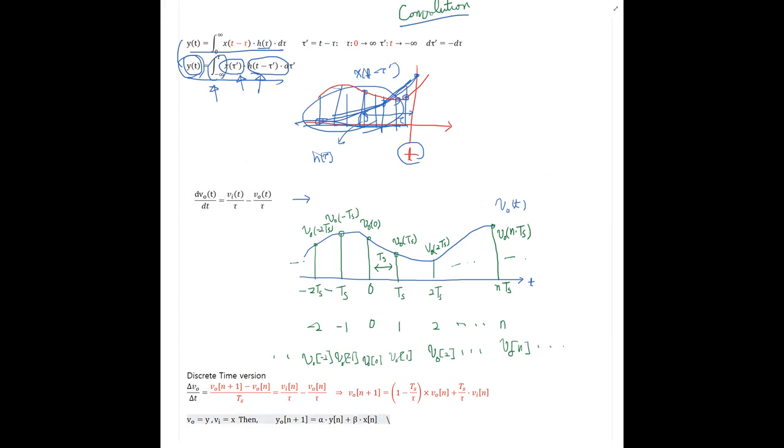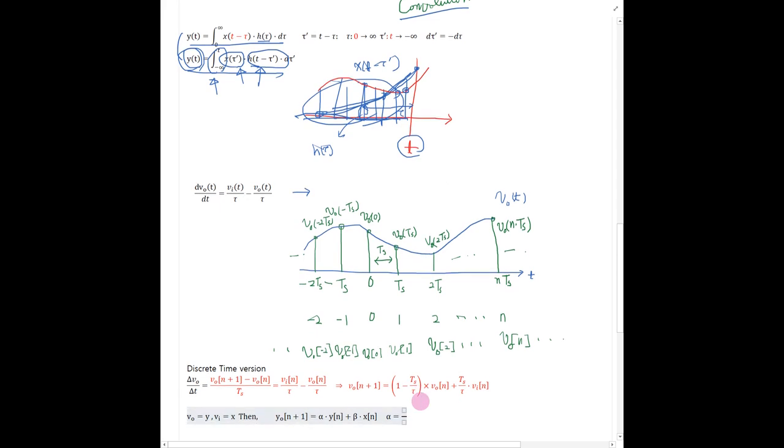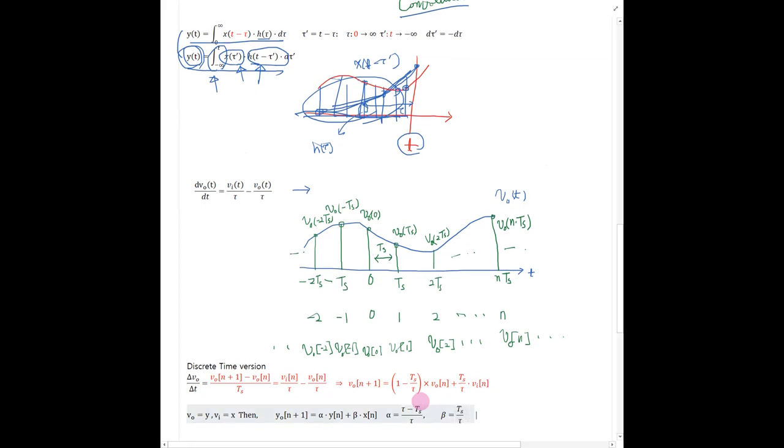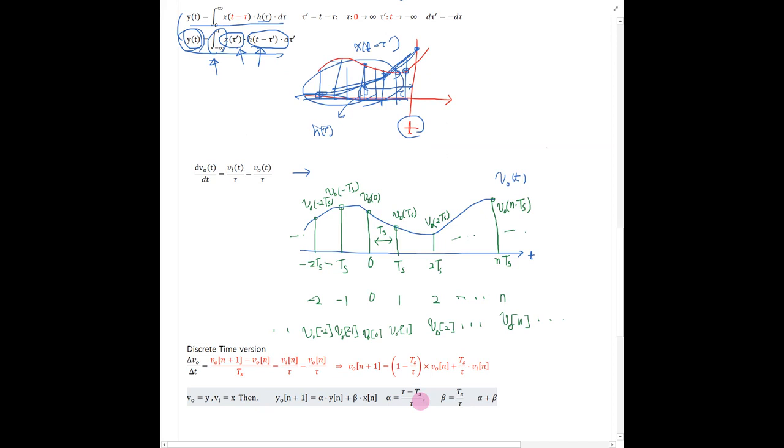Alpha equals 1 minus Ts over tau, which can be written as (tau minus Ts) over tau, and beta equals Ts over tau, and you need to know that alpha plus beta equals 1.